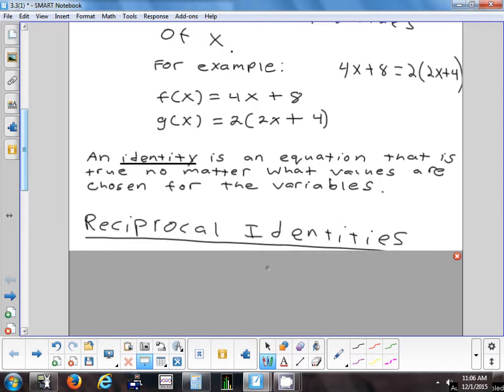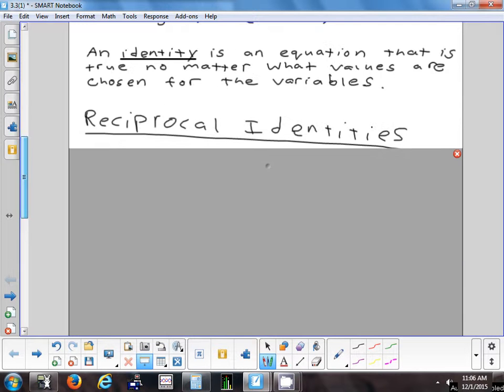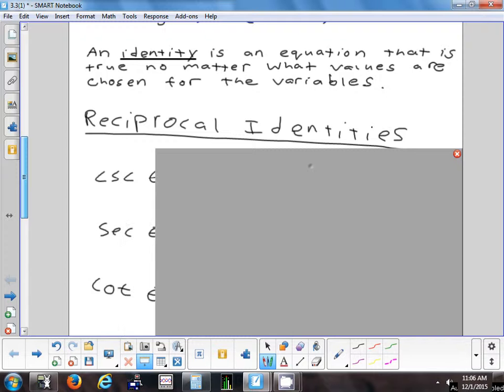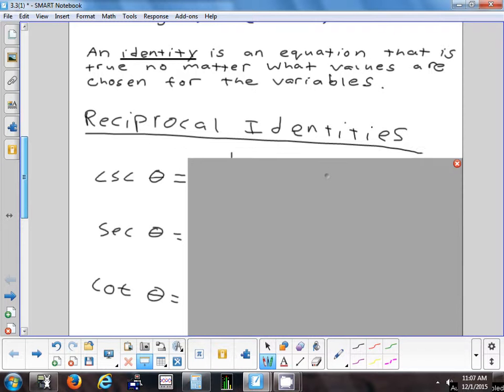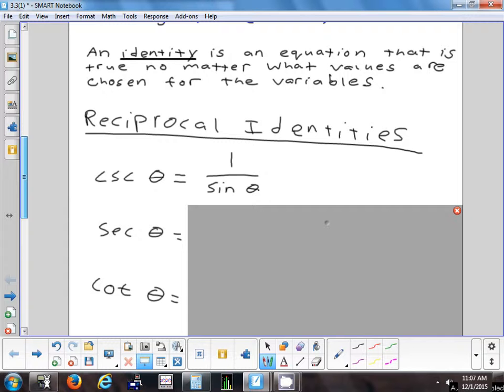All right, so now let's look at some trig identities. The first 6 we're going to look at, you guys already know. We've talked about these before: cosecant, secant, and cotangent. Which trig function do you flip to get the cosecant? Sine. So if you take 1 over sine, you get cosecant. How about for secant?